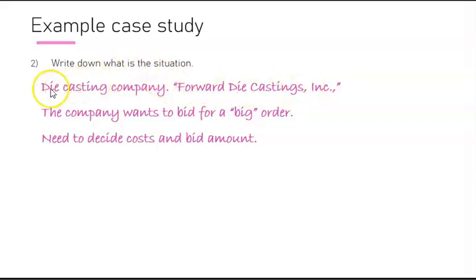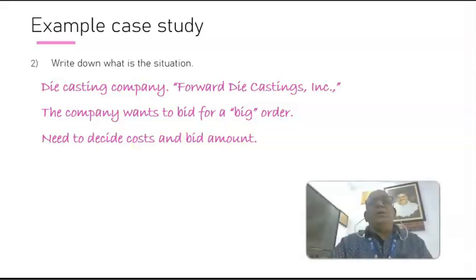So our situation is that it's a die casting company, and the company is trying to bid for a big order, maybe a million components or so. It is trying to bid, and the decision that needs to be taken is to decide on the cost and the bid amount. This is often a very difficult and tricky thing.